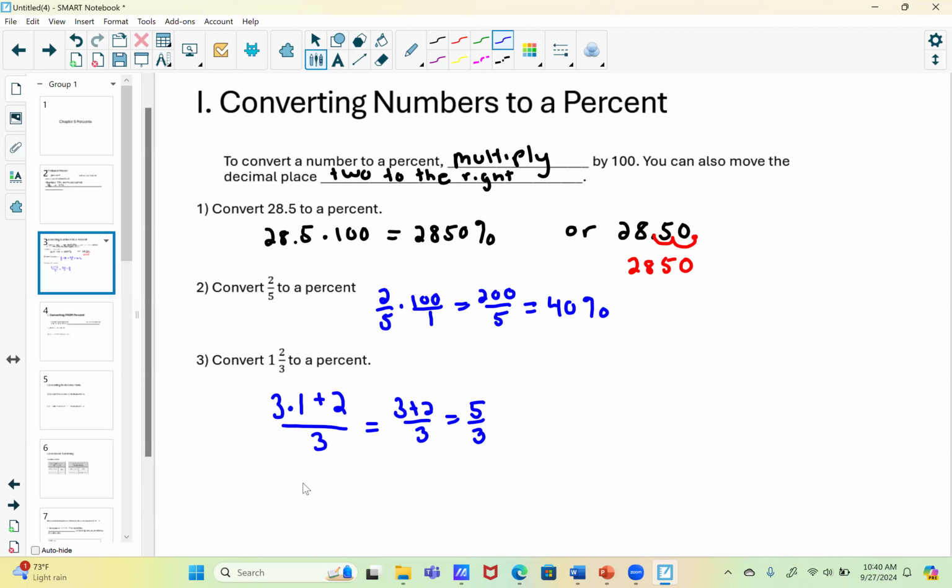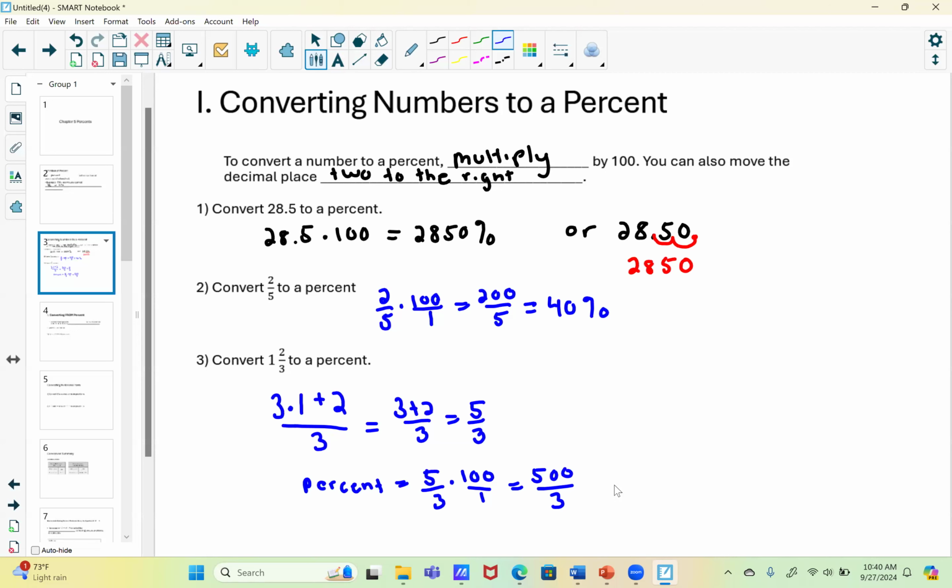To change to a percent, we again take our fraction and we always multiply by 100. And to multiply, we put it over 1 and do 500 over 3. Now 3 doesn't go into 500 and it doesn't reduce.